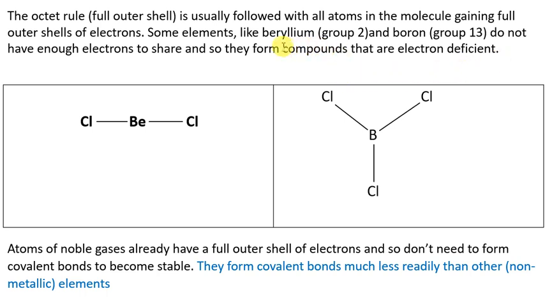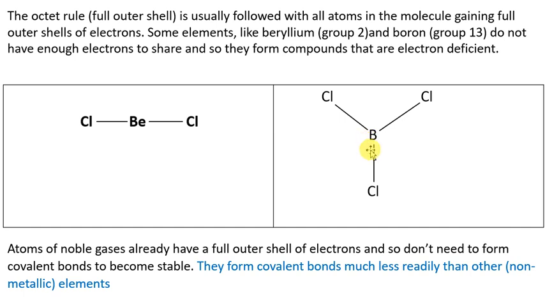So beryllium, Be, group 2, with 2 outer electrons can only make 2 covalent bonds. Nowhere near getting a full, stable outer shell of 8, not following the octet rule, we would say it's electron deficient.